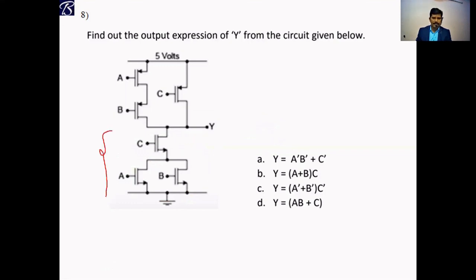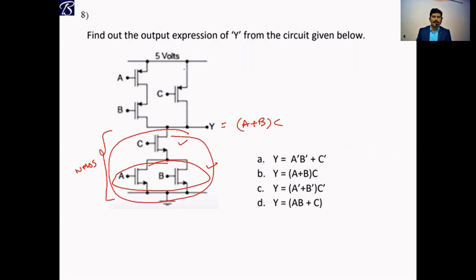Observe this problem. If you observe this NMOS region, this part, both are in parallel. That's why Y equal to A plus B, an OR operation I can write. This part and C, both are in series. So that's why AND operation, into C, I can write. This is the NMOS region. Coming to this PMOS region, just take this bar.